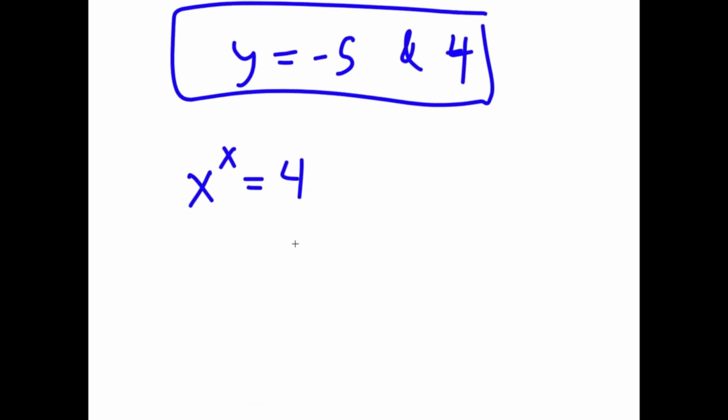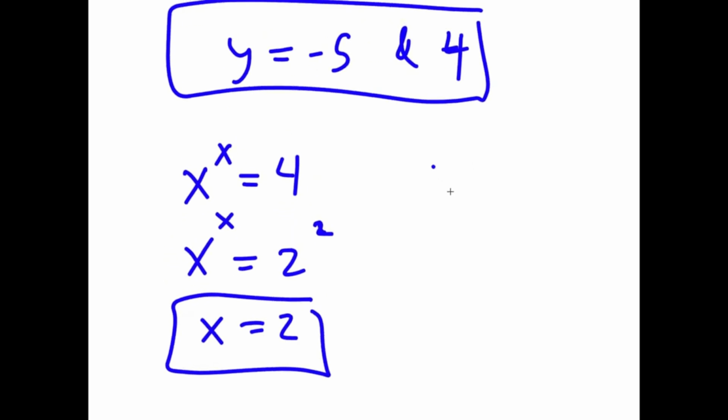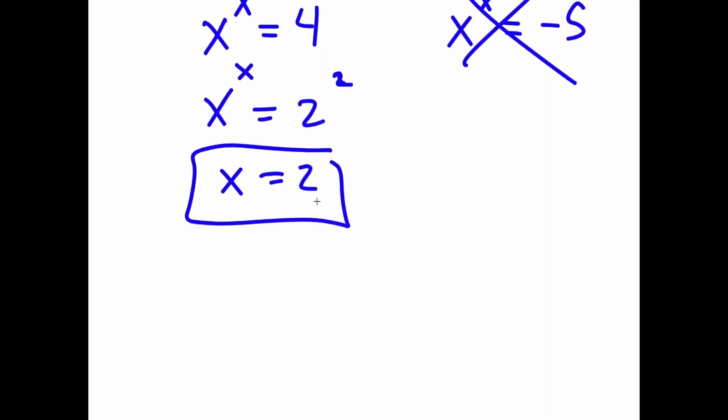Well, 4 is the same thing as 2 squared. So I have 2 squared is equal to x to the power of x, meaning x is equal to 2. Now for negative 5, x to the power of x is equal to negative 5. And for negative 5, you can't actually put this in the form of a number to the power of that same number, meaning this is wrong. So my only solution to this problem is x equals 2.